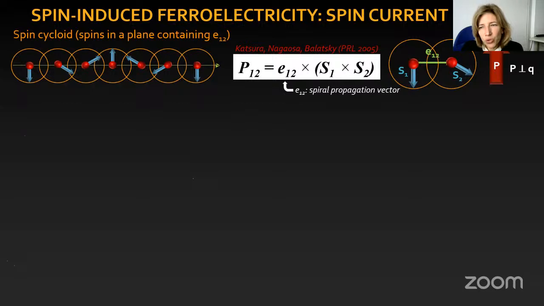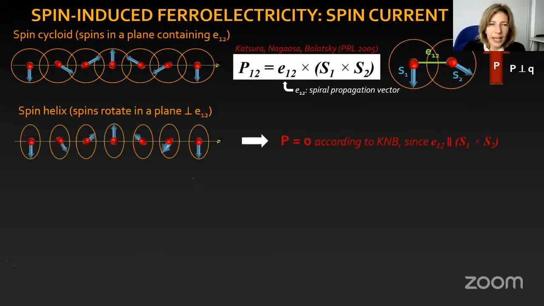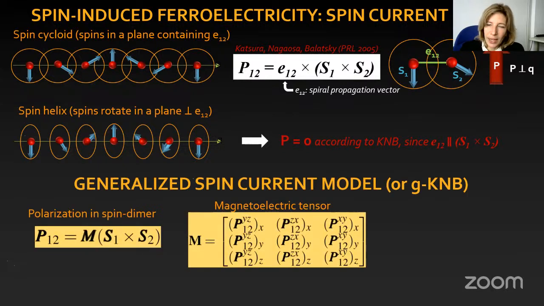In most multiferroics, you have P that is perpendicular to the propagation vector Q. So by this simple model, you expect that if you have a spin helix, so you have an S cross S which is parallel to the propagation vector, you shouldn't get any polarization.